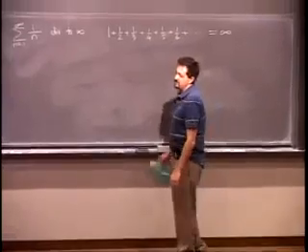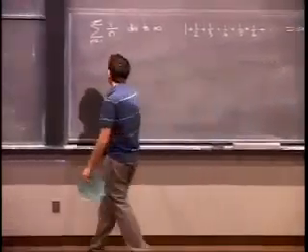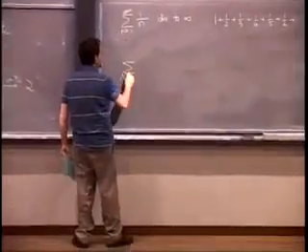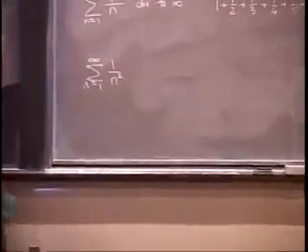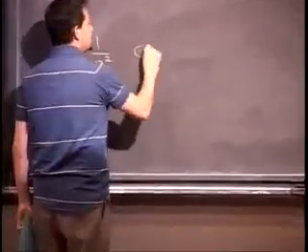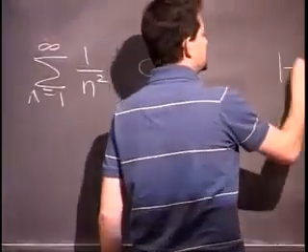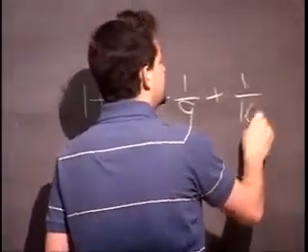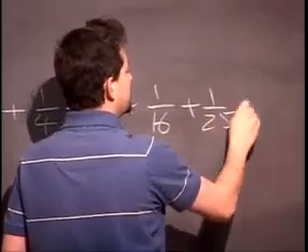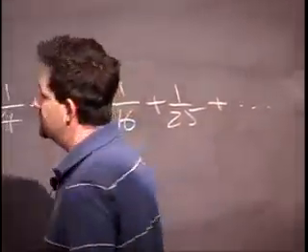this is infinite. Now, by the way, this is in sharp contrast to the same sum with 1 over n squared. This actually converges. 1 plus a quarter plus a ninth plus a 16th plus a 25th and so on converges.